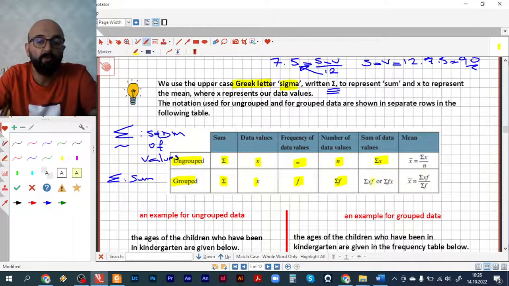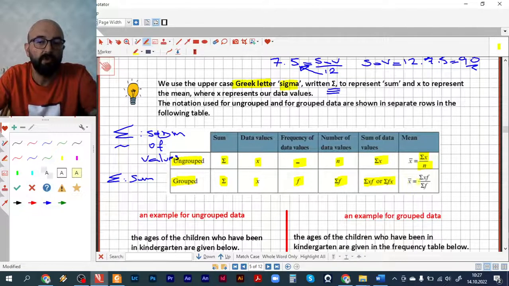If you want to find the mean in ungrouped data, you should divide the sum of all values by the number of data.